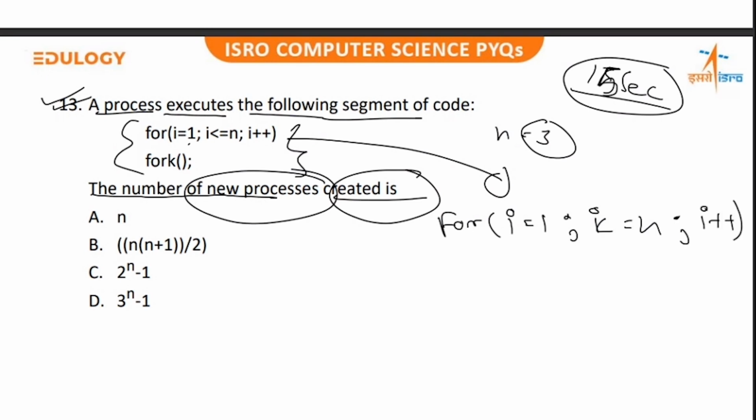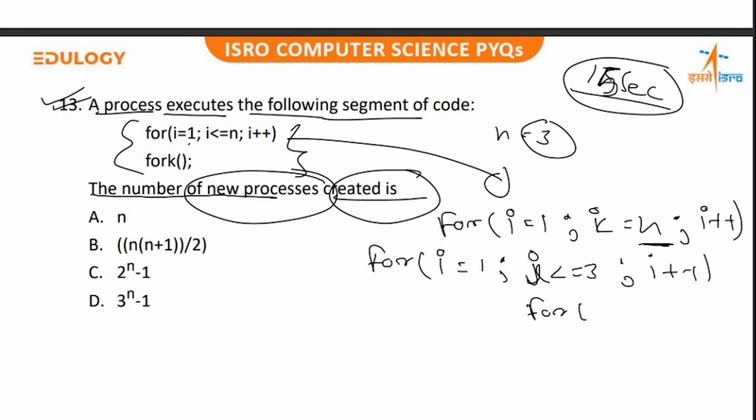Then we have to put 3 in place of n. So i equal to 1, i less than or equal to 3 and i plus plus. Then fork. We are calling fork. This is what we are doing.